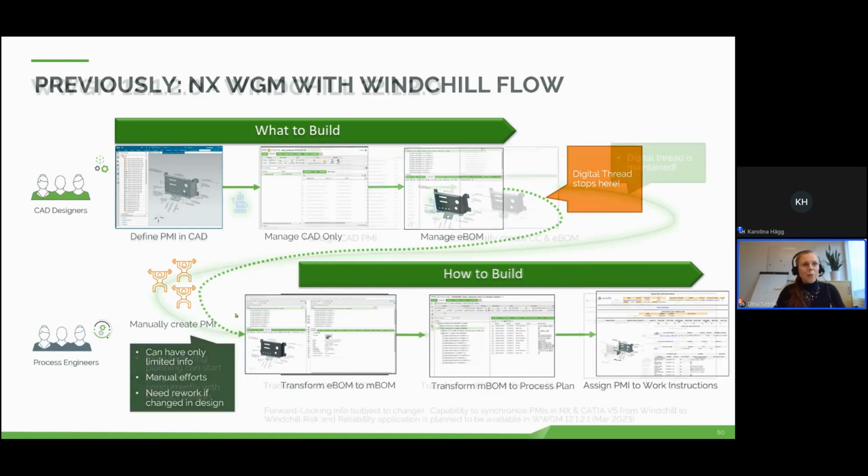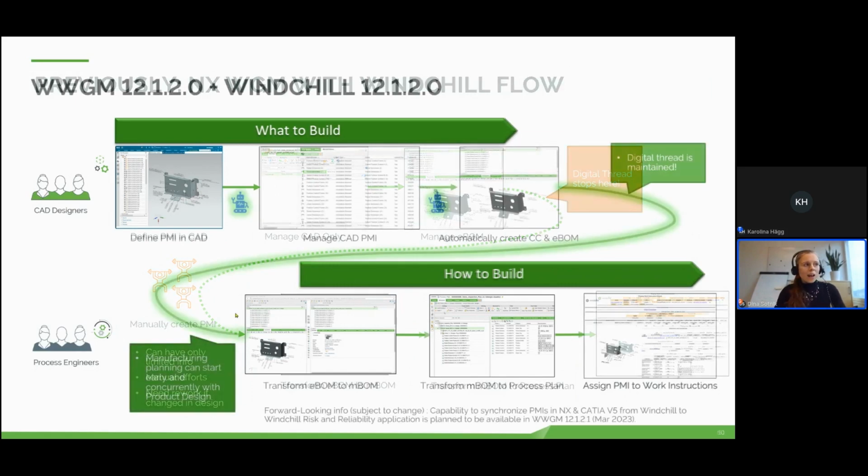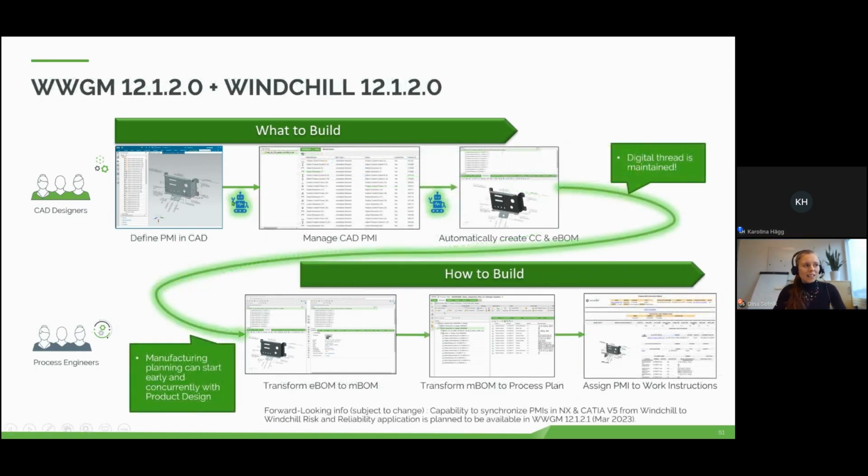And right now, we automate the PMI information gathering. So Windchill can use this information to create control characteristics and transfer this to manufacturer.